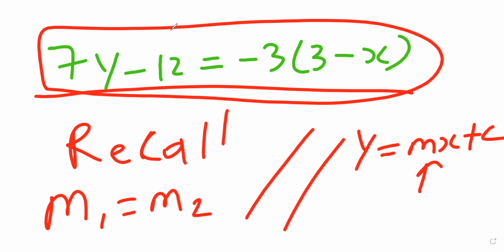Now, if you remember the other video, sometimes students tend to mix up perpendicular lines gradients and parallel lines gradients. So please do not get it mixed up. When we have parallel lines, the gradients of both lines are the same.